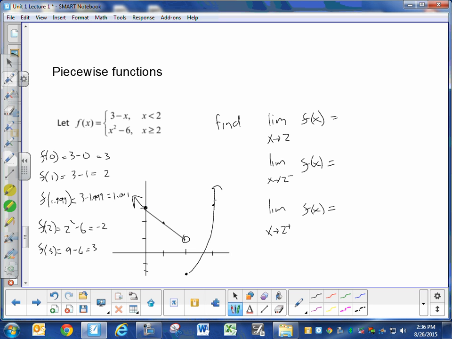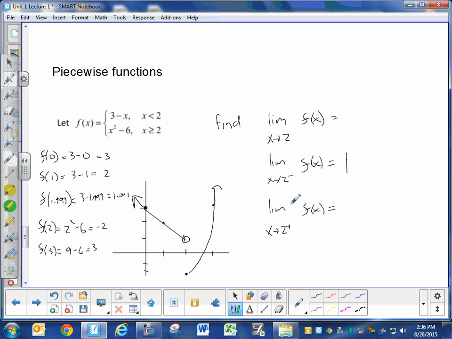Now, we should be able to see if our limit exists at 2. It does not. The left-hand limit, so 2 from the left, is different from the right-hand limit, 2 from the right. The limit as x approaches 2 from the left is 1. As we are approaching 2 from the left, my function values are approaching this hole at 1, which is why f at 1.999 is 1.001.